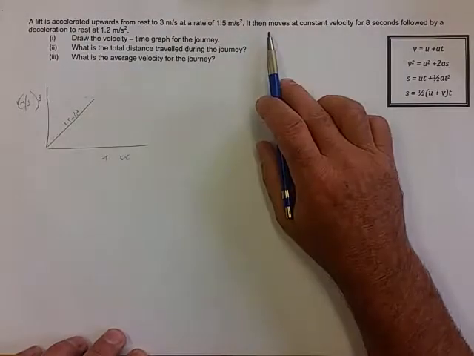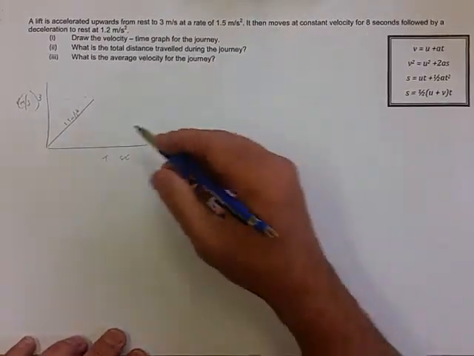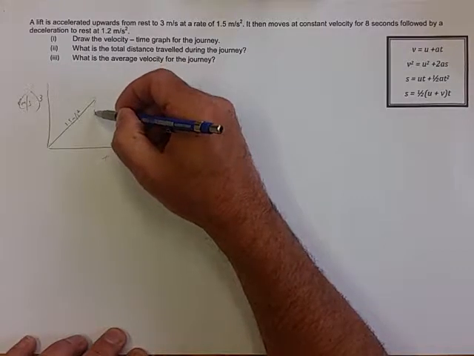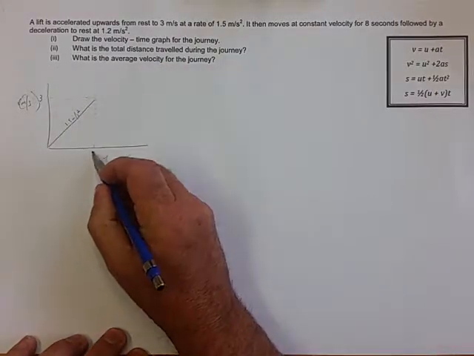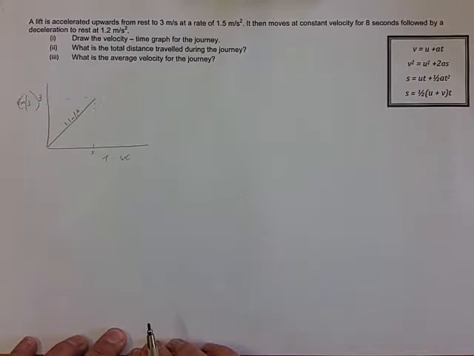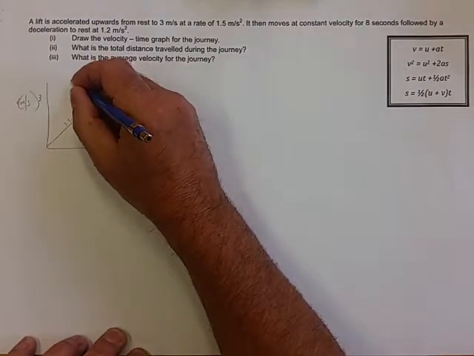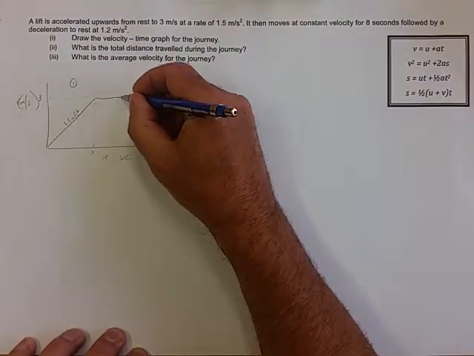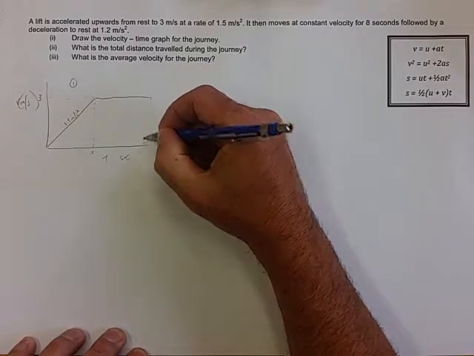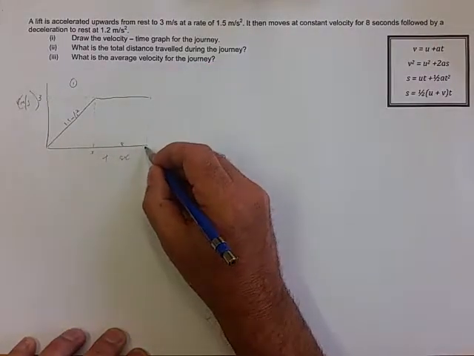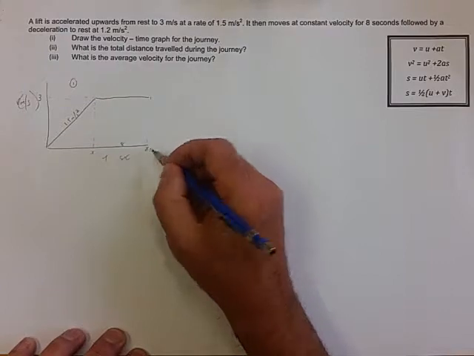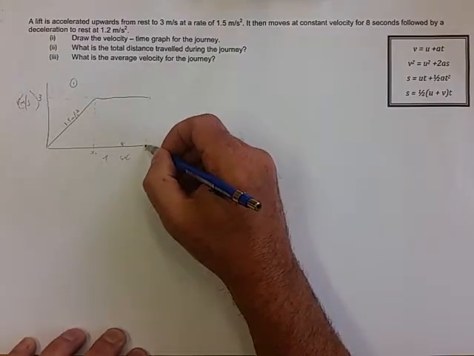Okay. It then moves at a constant velocity for 8 seconds, so we don't know what that time is for the first period. So there's section 1. Section 2 we can carry along. We do know that that lasted for 8 seconds, so we'll call that x2, x1.